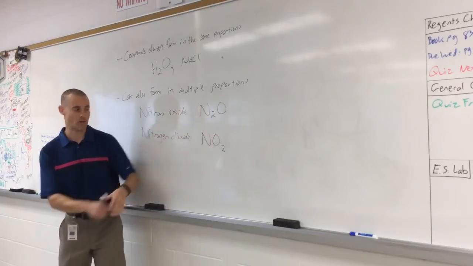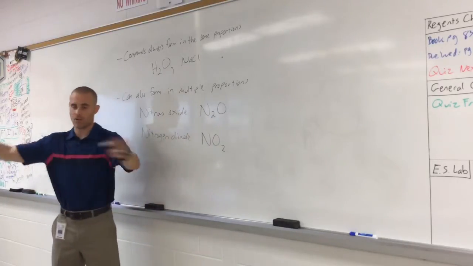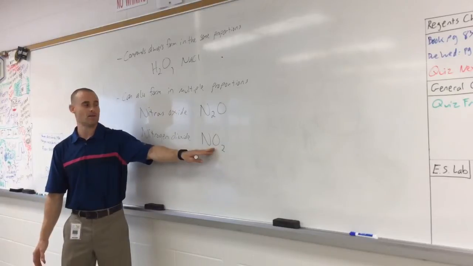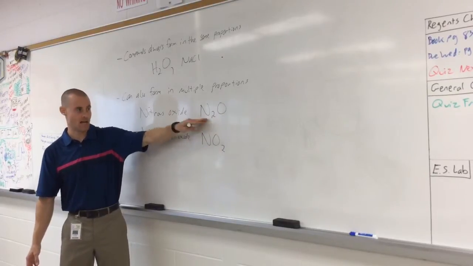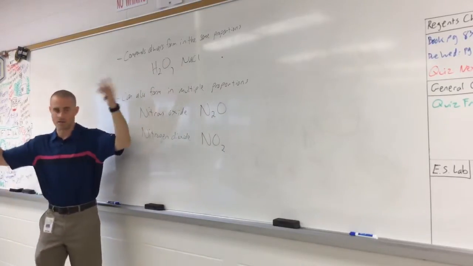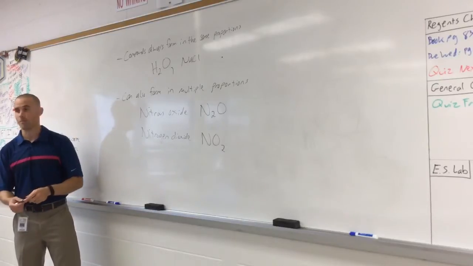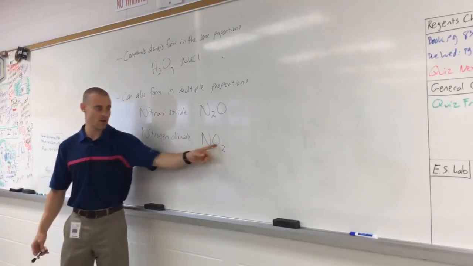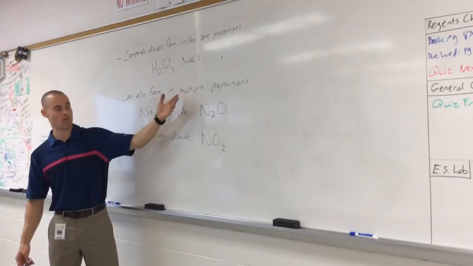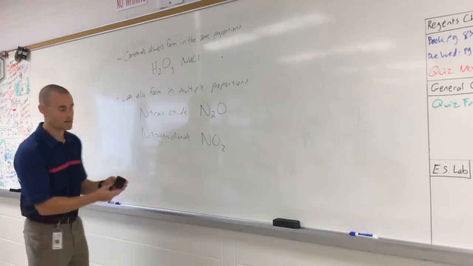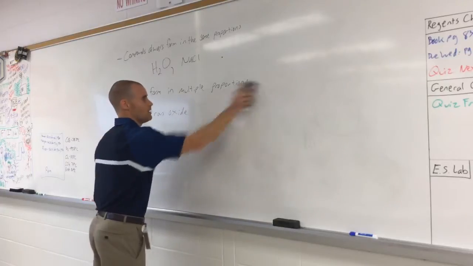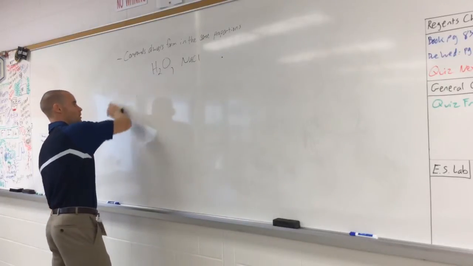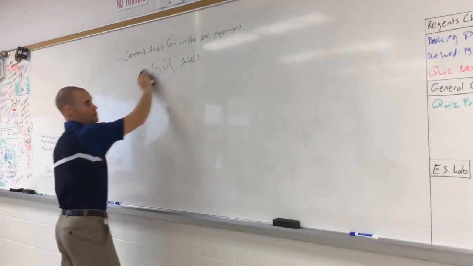Any NO2 molecule formed anywhere in the world is always this. Any N2O molecule is always that. So both of these laws are true about compounds. It can have multiple proportions. Okay, the last thing, give me a couple more minutes. If we get cut off, don't forget, book work due tomorrow.